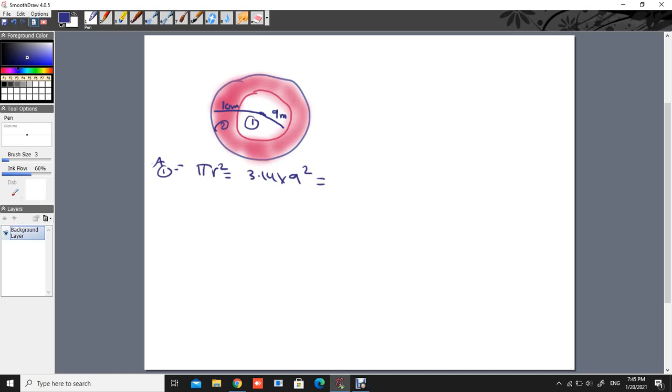Now 81 times 3.14 equals 254.34 meter squared. Now the area for the large one is pi r squared, which is 3.14 times the radius for the large one, 10 squared, and 10 times 10, which is 100, times 3.14, which is 314.